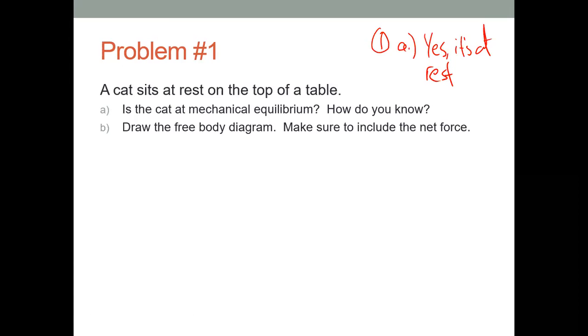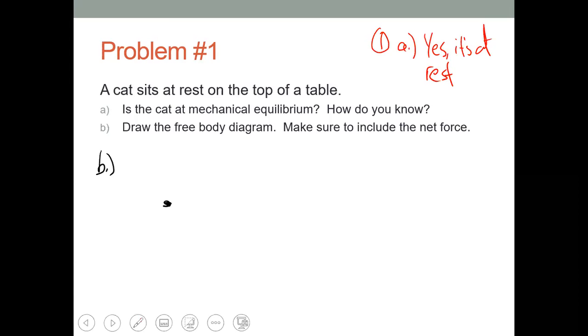When I draw a free body diagram, it's always going to start with a dot. You kind of saw something like this yesterday, but we're always going to start our free body diagram with a dot. And then of those 6 types of forces that we wrote down in our notes, we're going to think about which forces are acting on the cat.